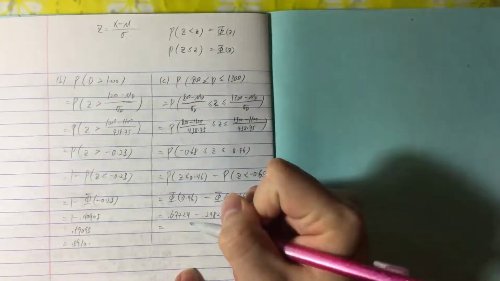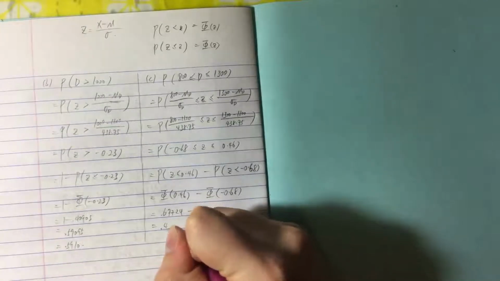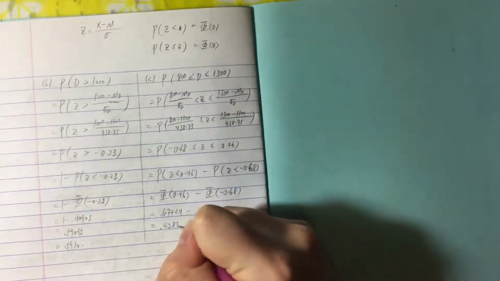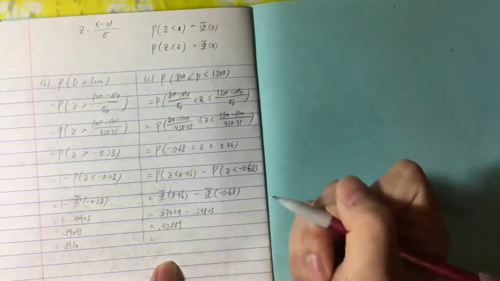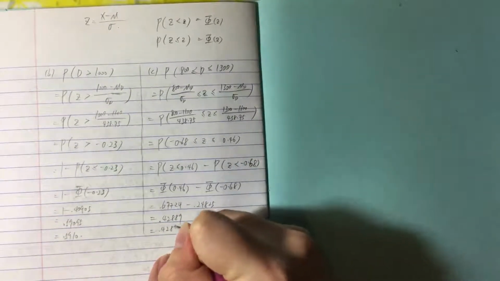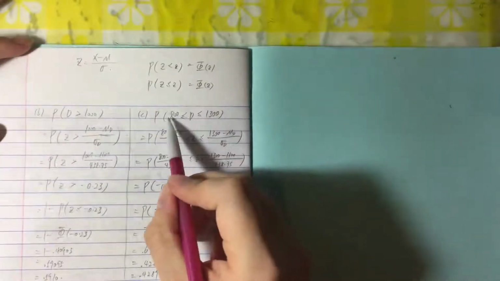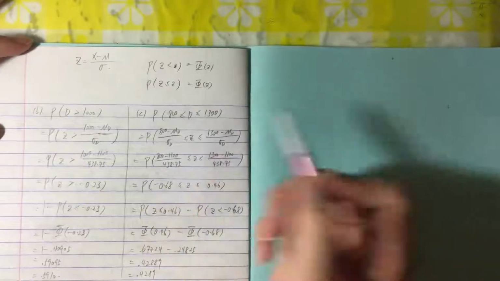Then I use my calculator. When I subtract, I get 0.42899. If I round the answer to 4 decimal places, I get 0.4290. That's the probability that the daily profit is between $800 and $1,300.